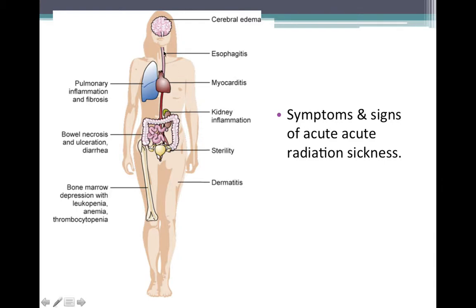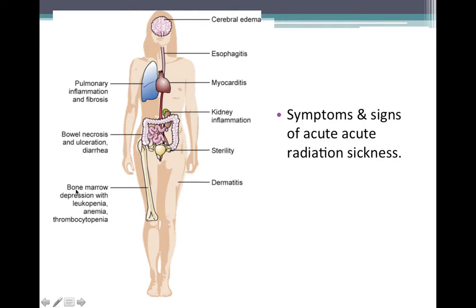So that's why we're going to see things like esophagitis, myocarditis, pulmonary inflammation, bowel inflammation, and kidney inflammation, because those are full of epithelial tissues. You're going to see sterility as well, because radiation exposure can affect sex cell division. And so if you get exposed to too much radiation, that can lead to sterility by damaging your sex cells.